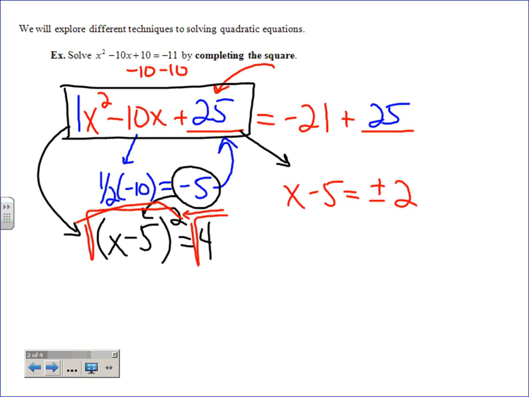How are we going to solve this then? Add 5. So x is apparently a positive 2 plus 5 and a negative 2 plus 5. Positive 2 plus 5 is? Negative 2 plus 5 is? Look at that.